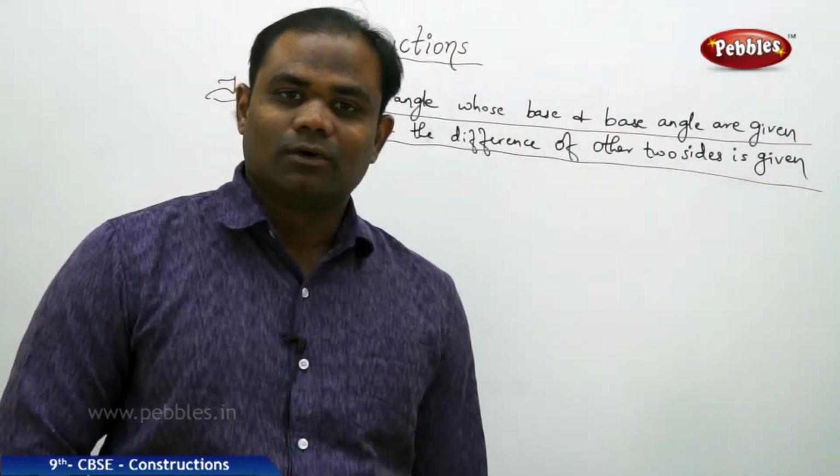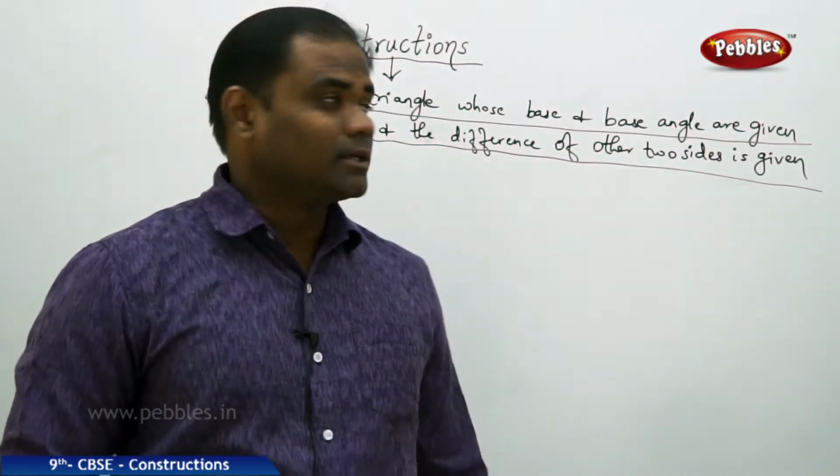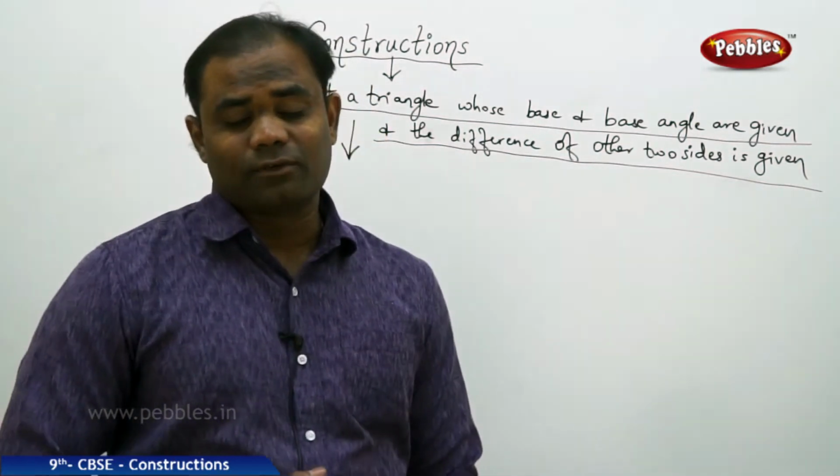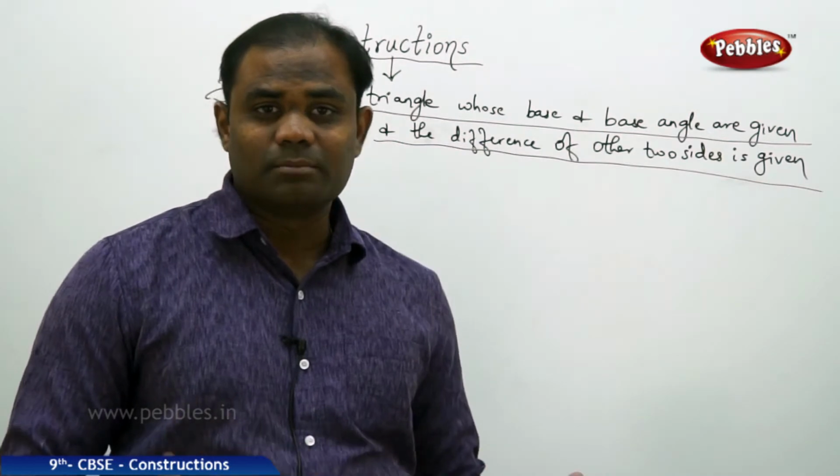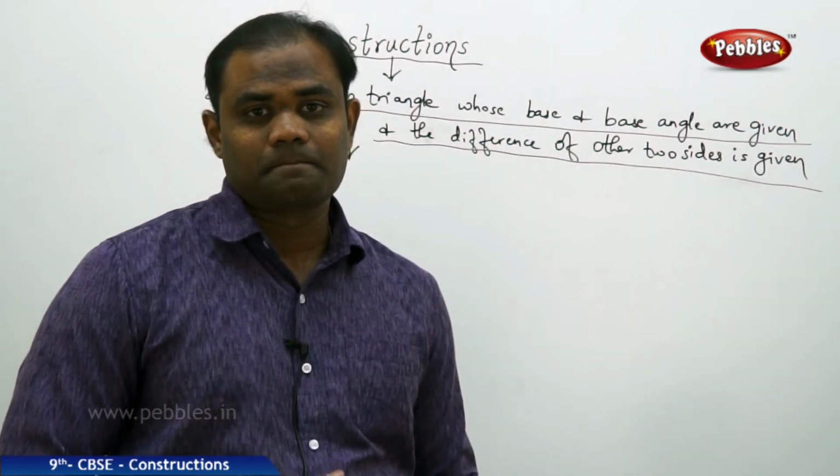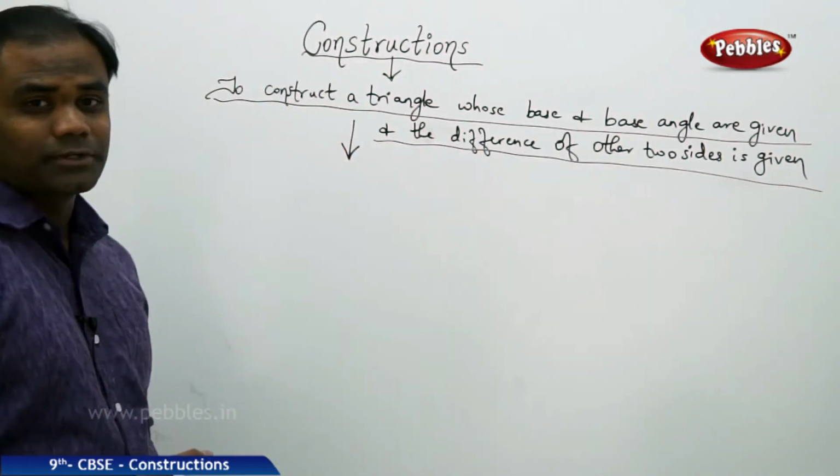So let's see how we can construct a triangle if there is the difference of the other two sides given along with the base and the base angle. So let's see the construction process.